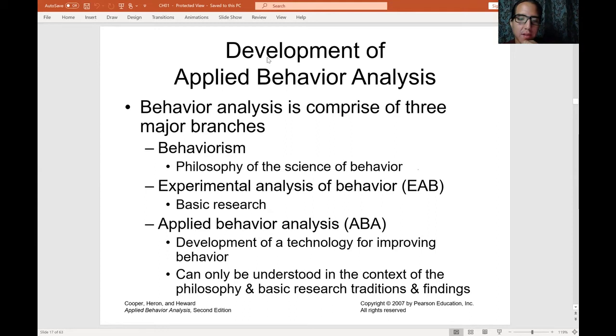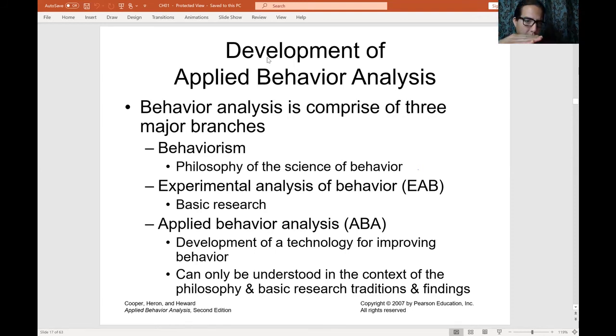Applied behavior analysis, the development of technology for improving behavior, and that can only be understood in the context of the philosophy, basic research, traditions, and findings, right? So if we see this in a tree, behaviorism is a philosophy of the science of behavior, right?